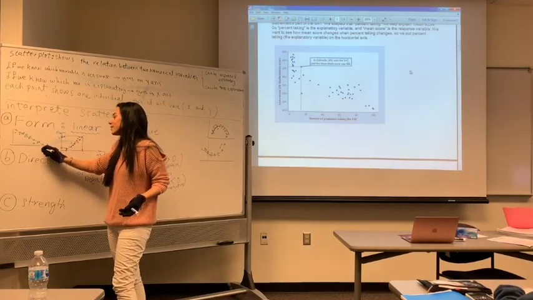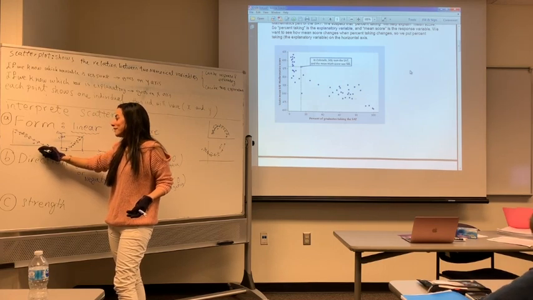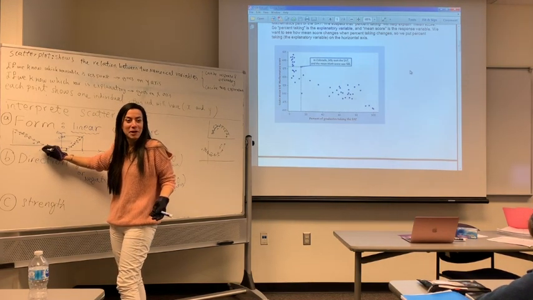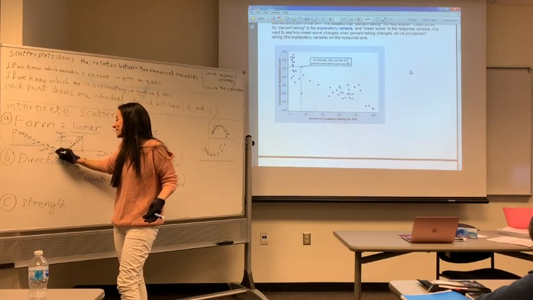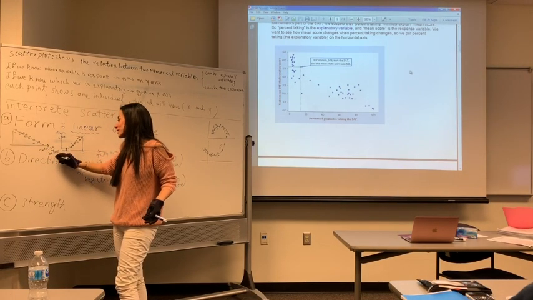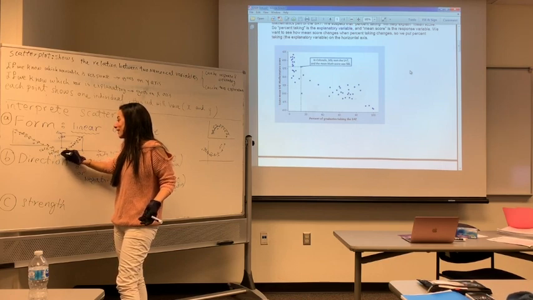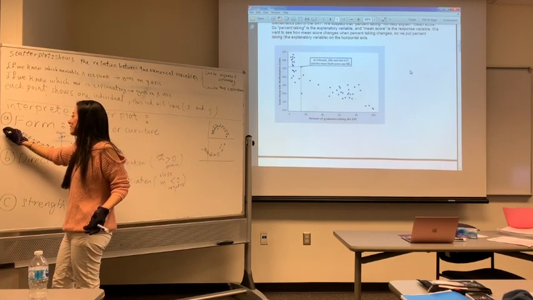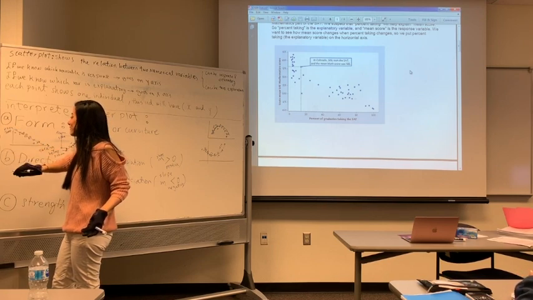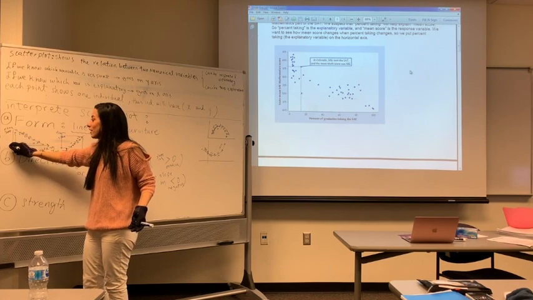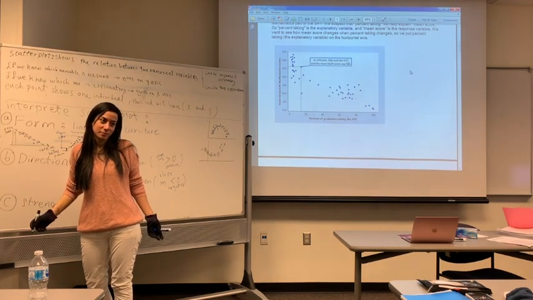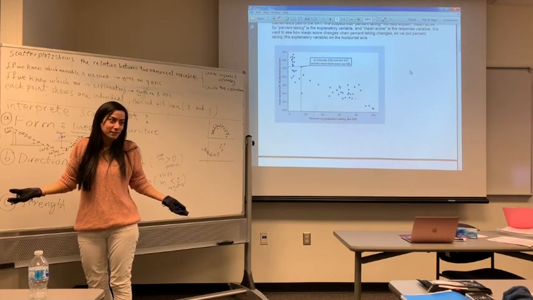But now let's talk about the sleeping time before exam, which is an explanatory variable, and then your exam score. So there is one individual here. We start with 6 hours of sleep because you need 6 hours of sleep, right?